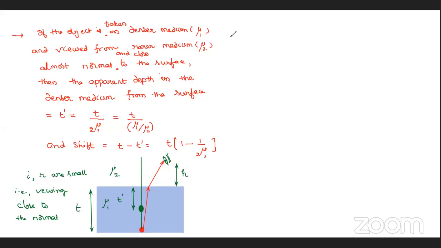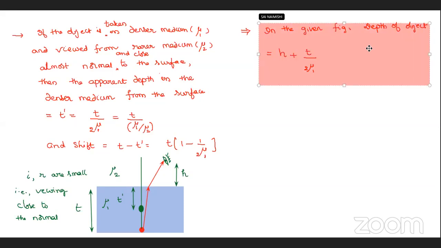Now I am writing here what that implies. In the given figure, I write depth of object is equal to h plus t by mu1 with respect to 2. Correct, this formula again? Yes, sir. Good.